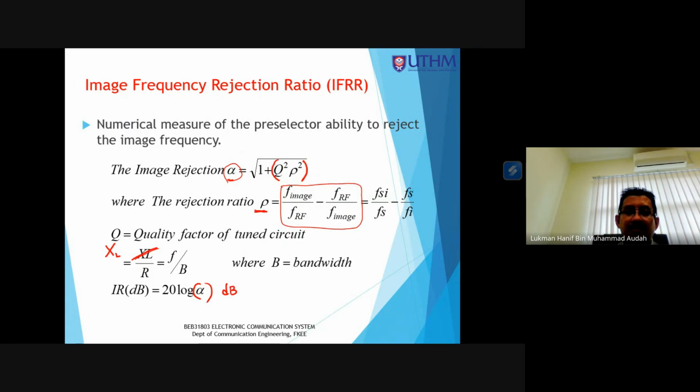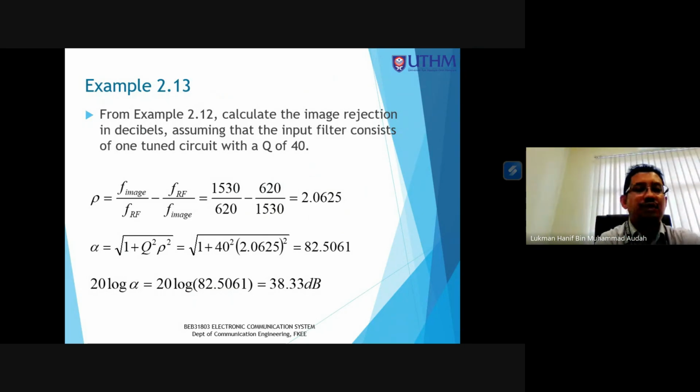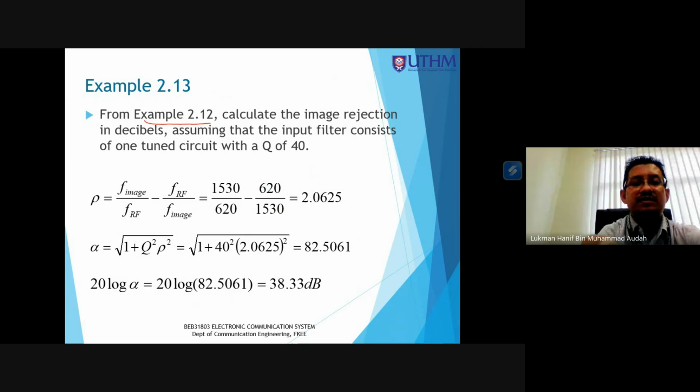So if we do the example, this example 2.13 is derived from example 2.12, the previous example. From the previous example, we know that the F image is equal to 1530 kilohertz.